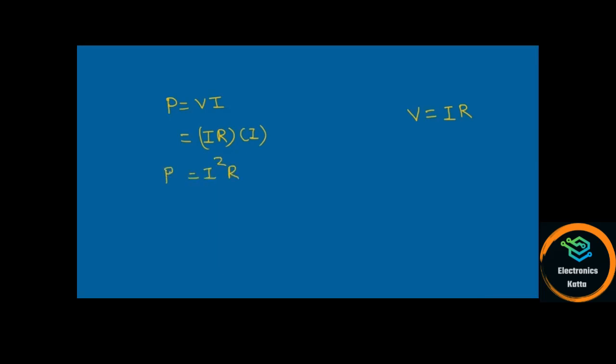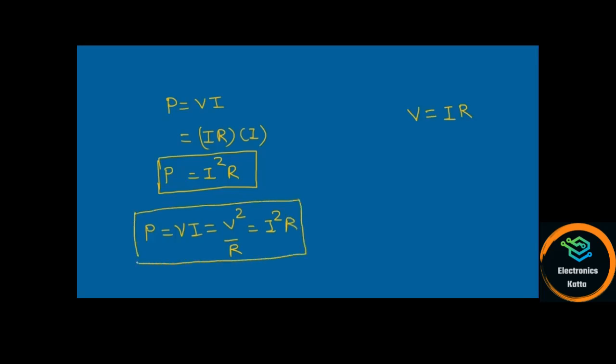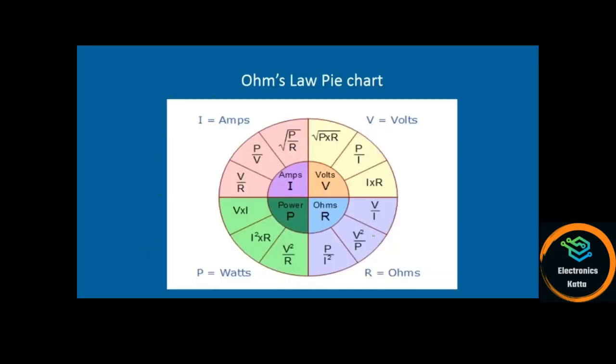So power can be defined as either the product of voltage and current, or V square divided by R, or I square into R. In this way we get a relationship between the power, voltage, current and the resistance in the circuit. Let's look at this pie chart, which shows all the possible relationships between voltage, current, power and resistance.